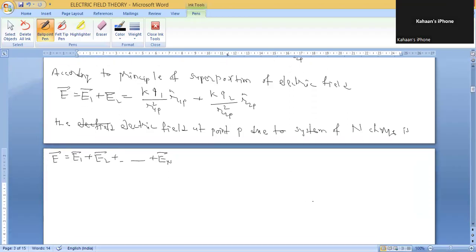Now we draw a figure. We take Q1 charge, this is point P, we take Q2 charge, Q3 charge, Q4 charge, and so on.